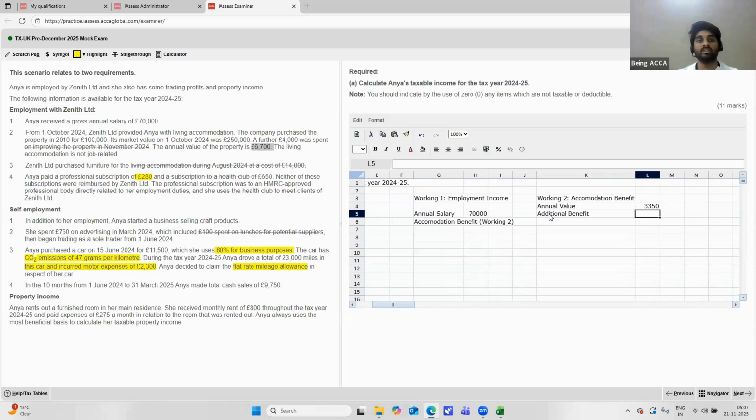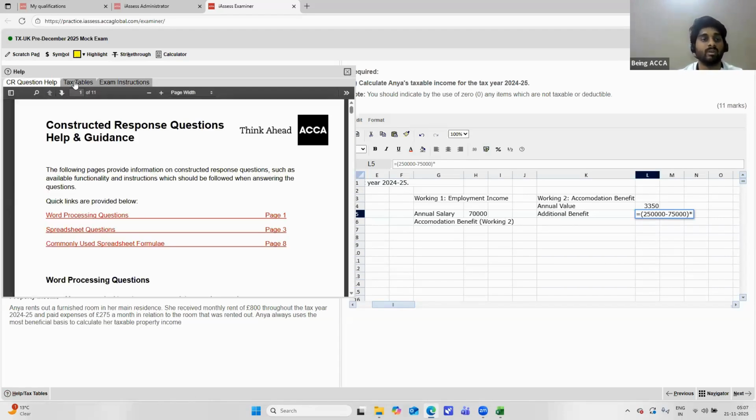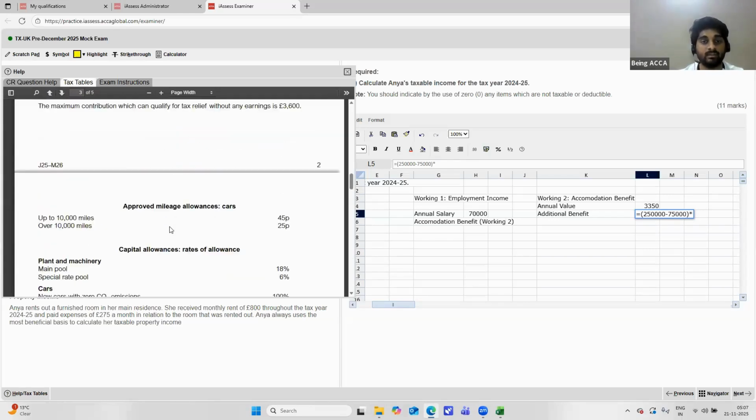Next would be additional benefit. What is happening? Because the value of the property is in excess of 75,000, an additional benefit arises. How do we calculate additional benefit? Additional benefit is nothing but the excess, that is 250,000 minus 75,000, excess over 75,000 into the appropriate percentage. Appropriate percentage is nothing but the ORI, which will be provided to you in the examination.